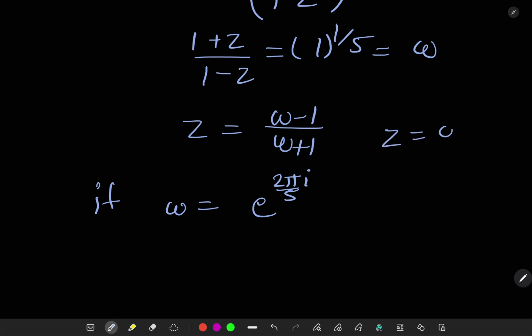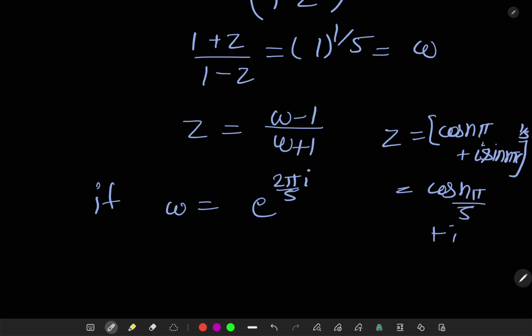here you can see z is equals to 1, so we can write here cos n pi plus iota sin n pi whole power 1 by 5. So this become cos n pi by 5 plus iota sin n pi by 5.